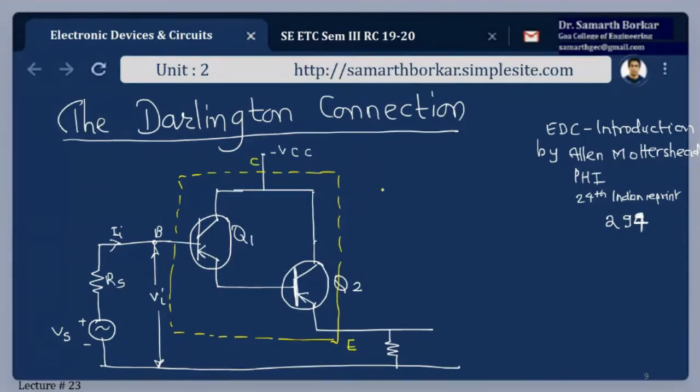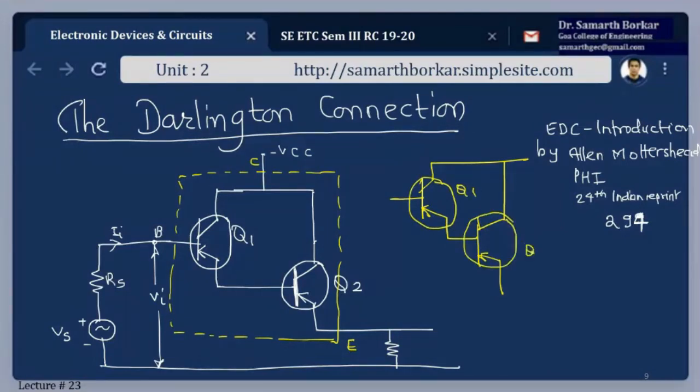Fine. So it is as good as Q1 and Q2. This is base, collector, and this is emitter.